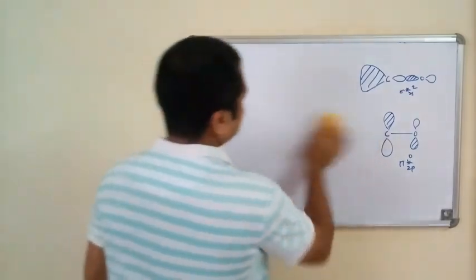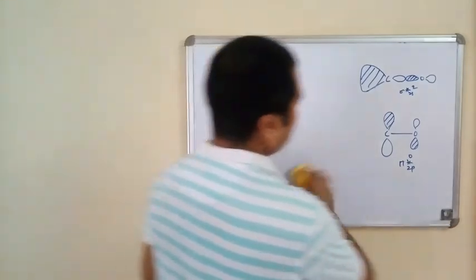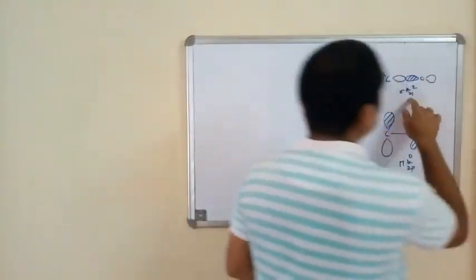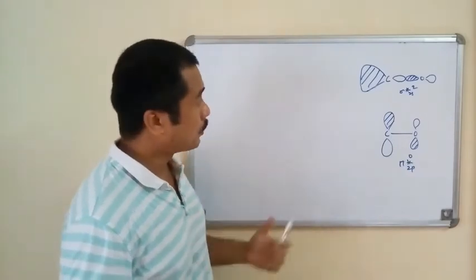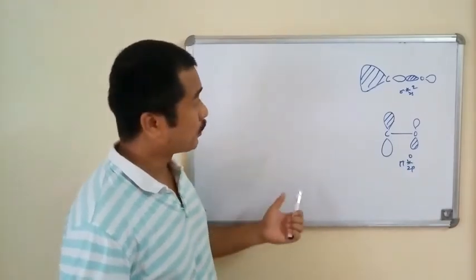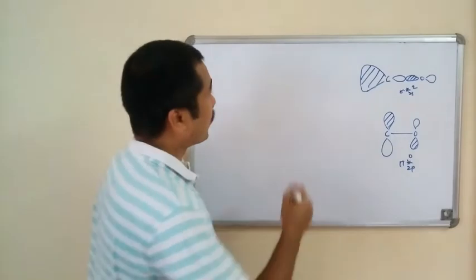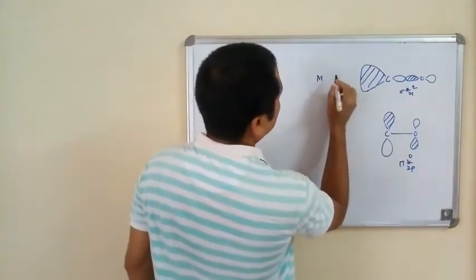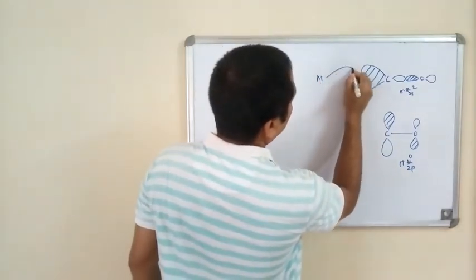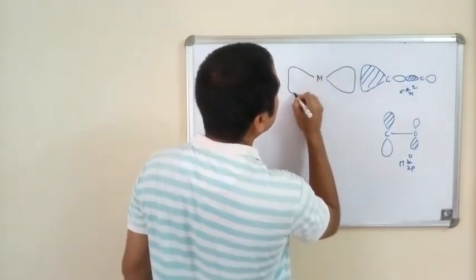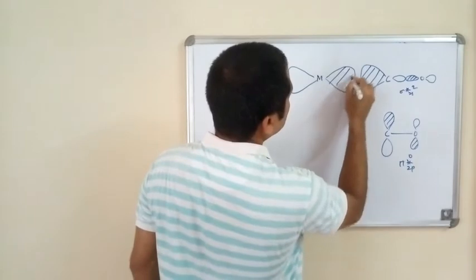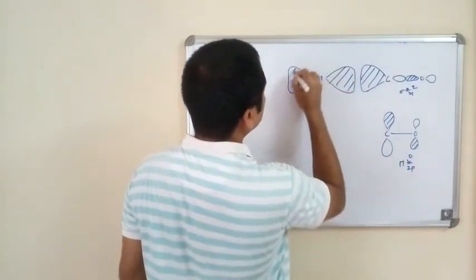So, first is the sigma star 2s molecular orbital of carbon monoxide, which is slightly antibonding in nature. It is going to interact with an empty metal d orbital of the right symmetry. So d orbitals are gerade symmetry.